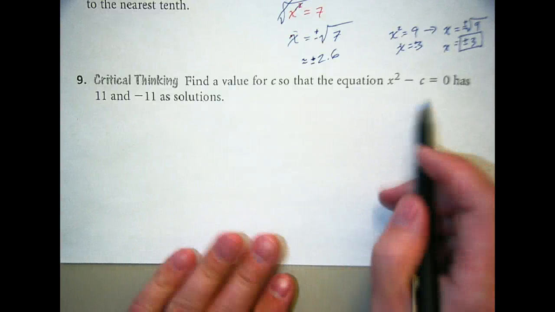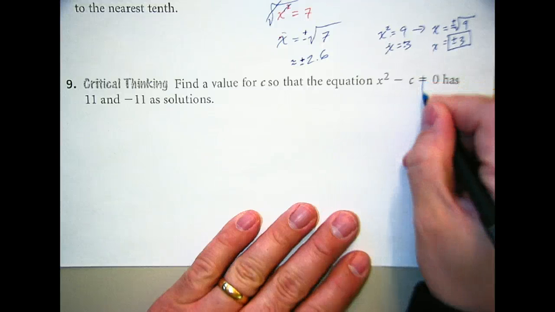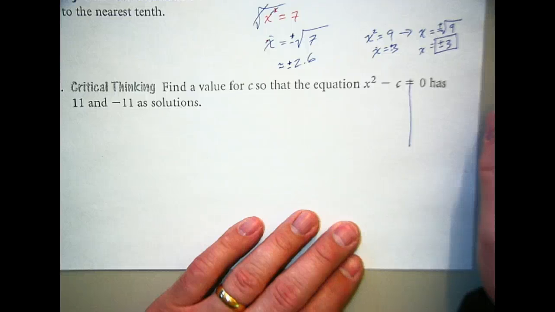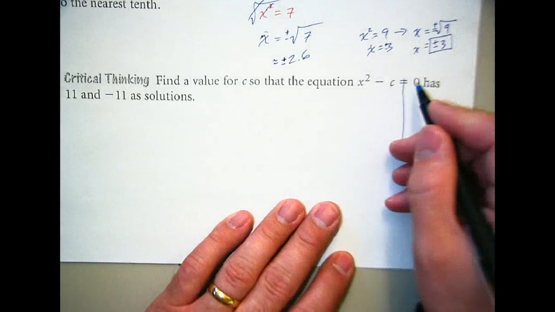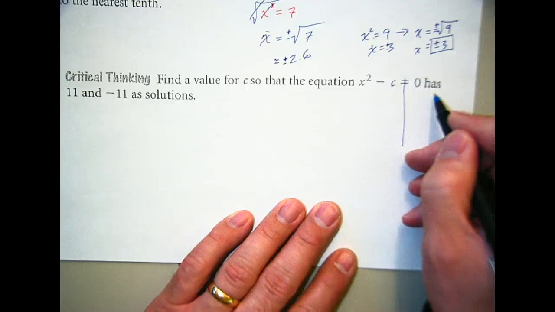Find two values of C that will make our two solutions 11 and negative 11. Anyone find the values? Tell your neighbor what you got, or what you did to try to find those values. All right. If I was solving this equation and this was a number here, how would I move that number over? I'd add it.